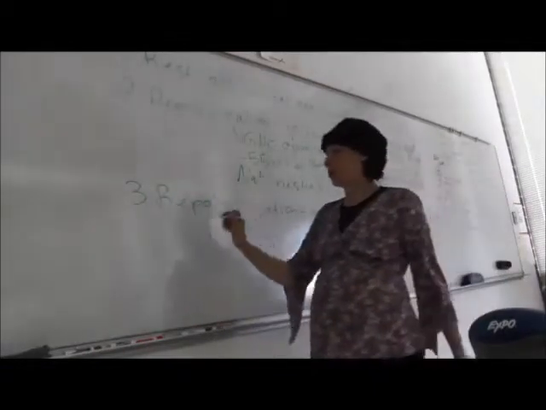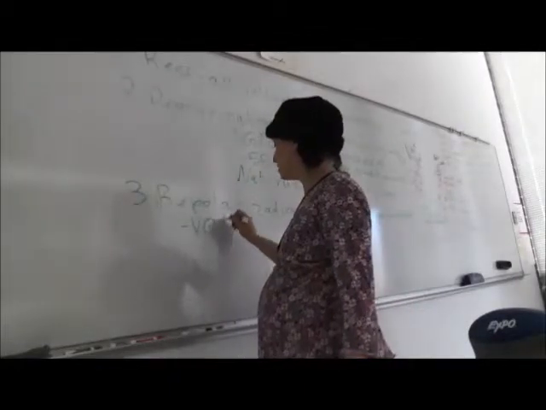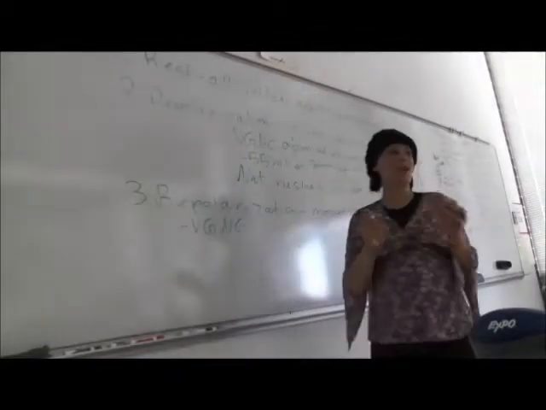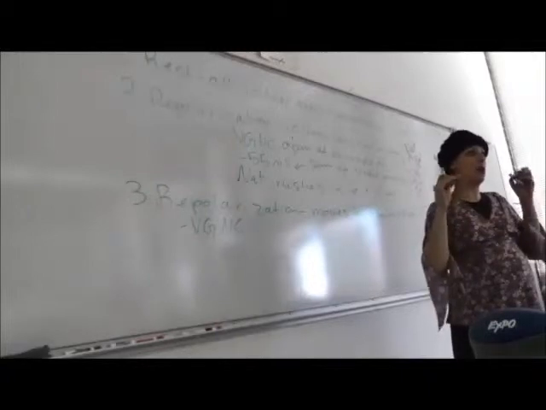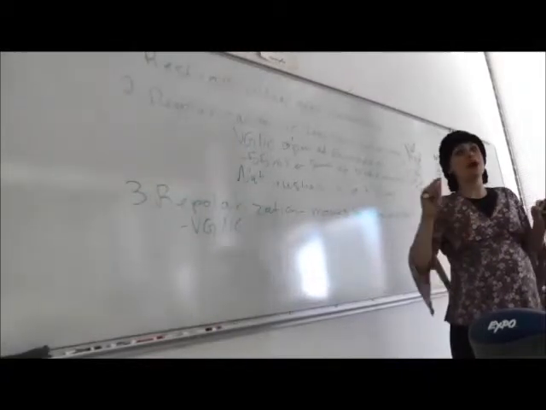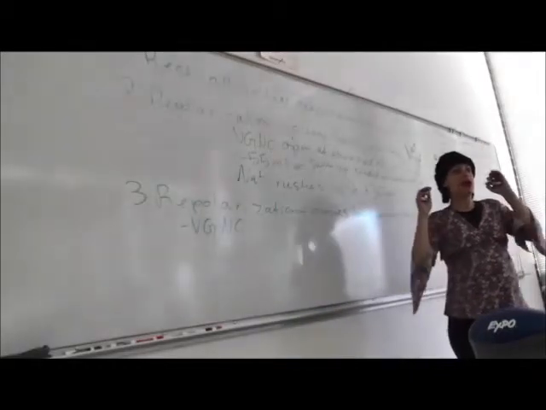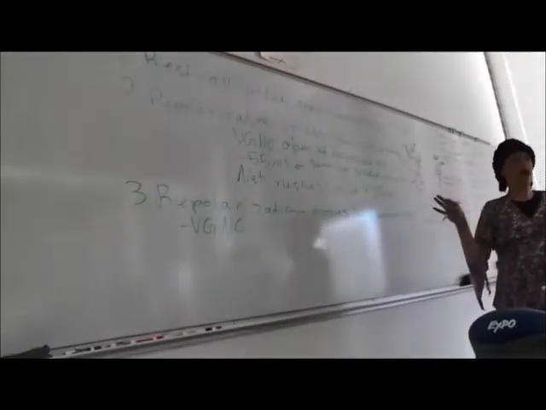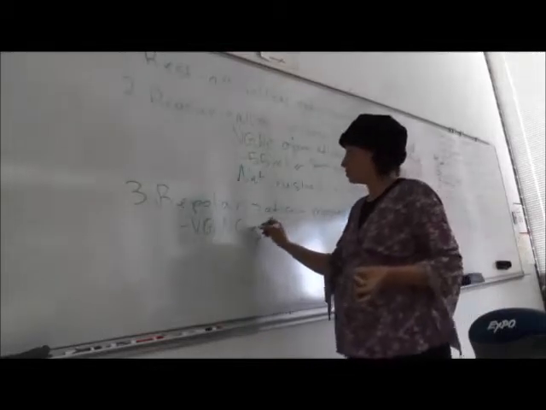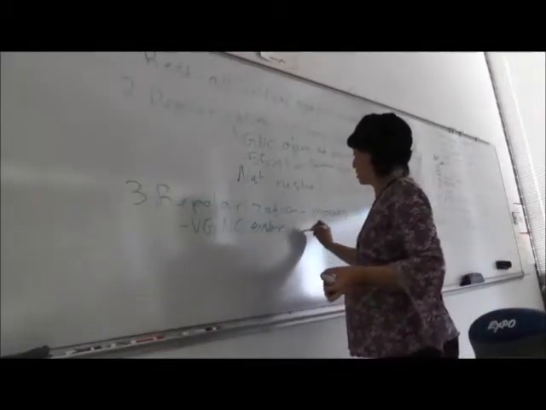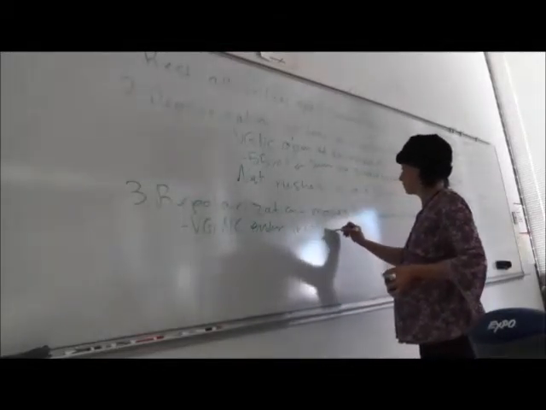What happens during repolarization is our voltage-gated sodium channels snap shut and enter their inactivation state. They will not open now, even if you punch in the code, even if you've got negative 55 millivolts. They will not open right now. So our voltage-gated sodium channels enter their inactivation state.